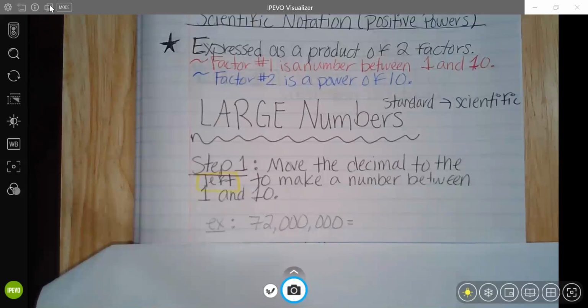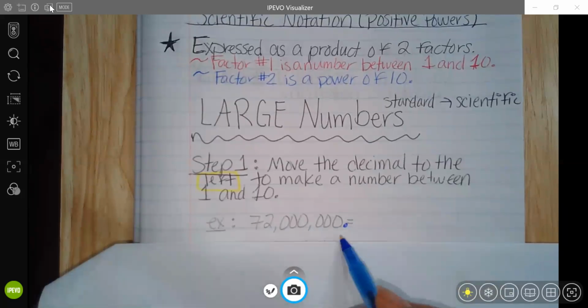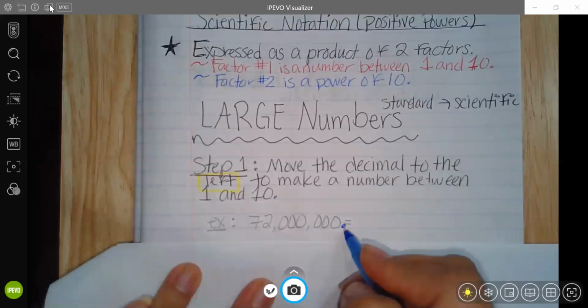Herman, I saw your hand go up first. It's to the right of the last 0. Awesome, right there. Absolutely. So now we're going to take that decimal and move it to the left until we get a number between 1 and 10. That's going to be factor number 1.